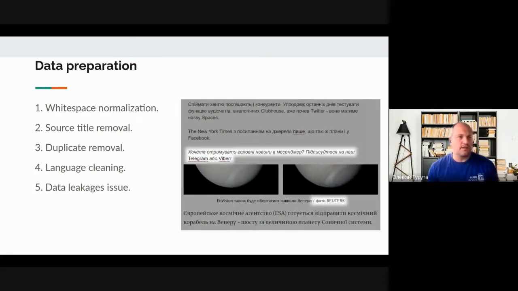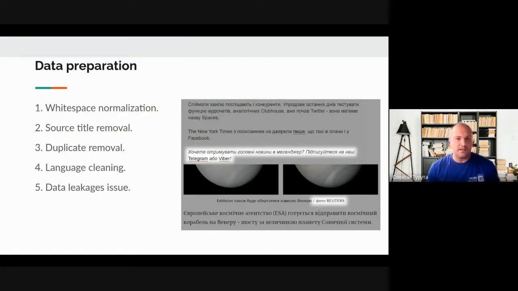First of all, we remove white space and incorrect symbols. Next, we remove information which would be data leakage.